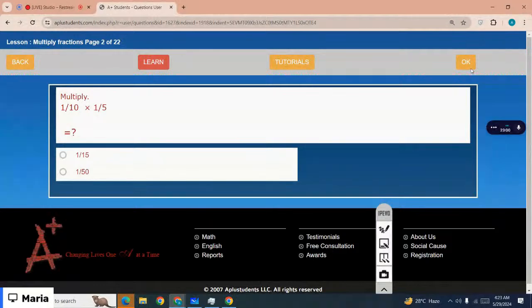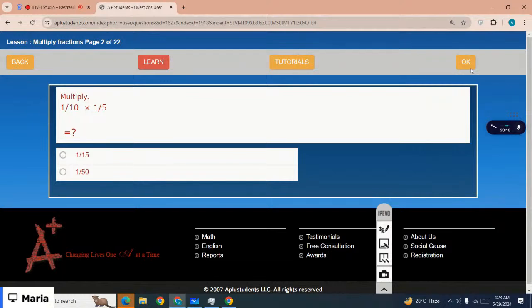1 by 5 times 1 by 10. So which is the correct option? Just do numerator times numerator and denominator times denominator, right?